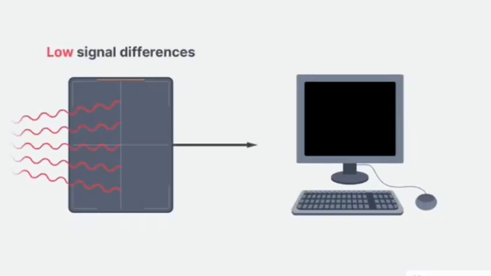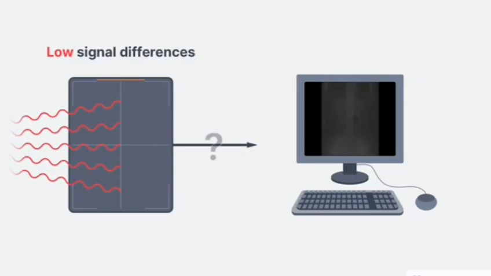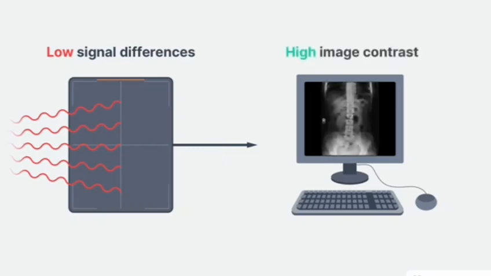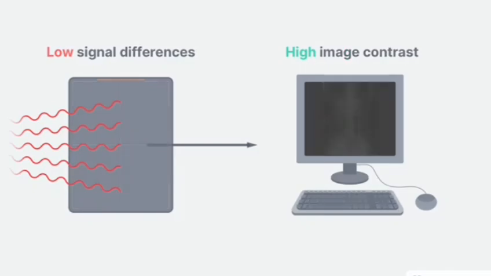Fortunately, modern radiography systems are so good at detecting these signal differences, that's the differential attenuation, that changes in KVP have only a very tiny effect on image contrast. The computer system can create high image contrast even when the signal differences are very small.